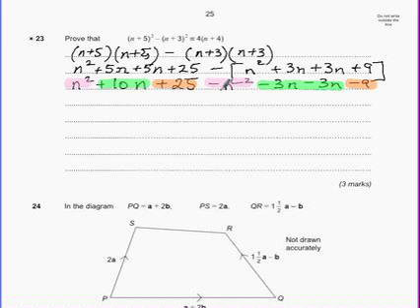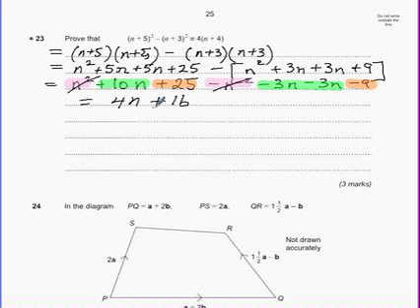So n squared take away n squared leaves me with nothing, so those two will cancel out. 10n take away 3n take away 3n, how much does that leave me with? Well, 10 take away 3 is 7, 7 take away 3 is 4n, and 25 take away 9 gives me 16. Now we're almost there.